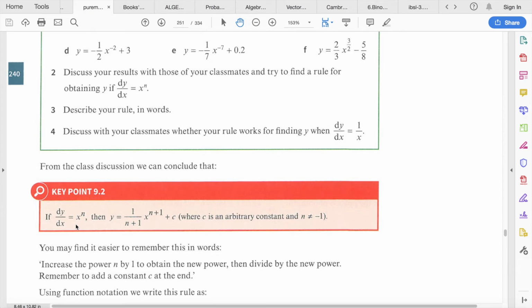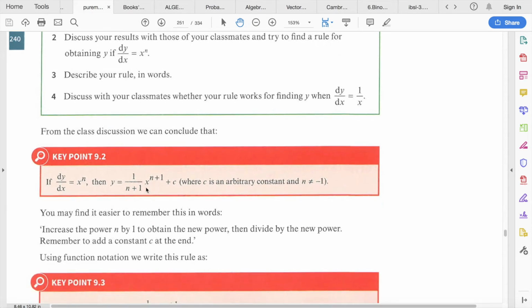Now integration does the opposite thing, it adds 1 to the power. So when you want to integrate a function like x^n, the integral will be x to the power of n + 1. But you are looking for a function that when differentiated becomes x^n.